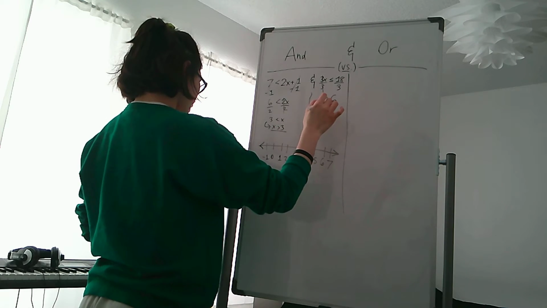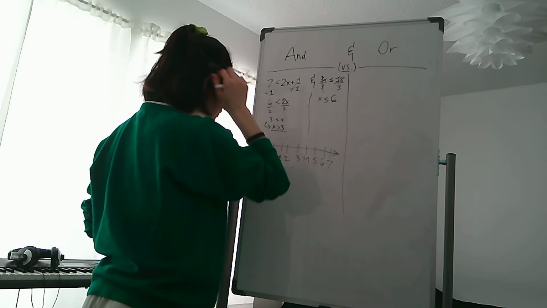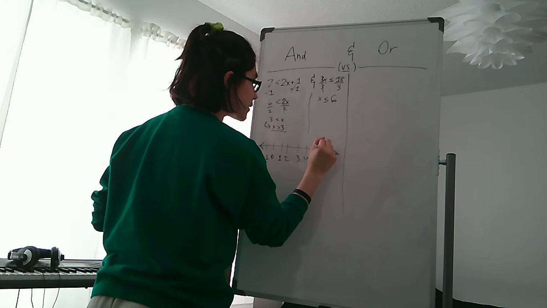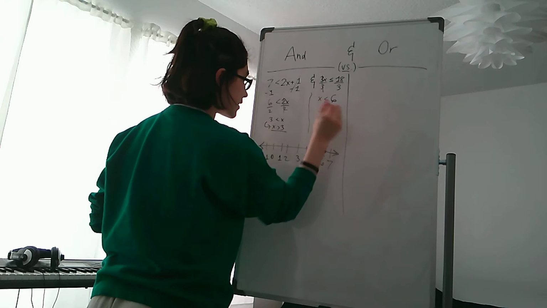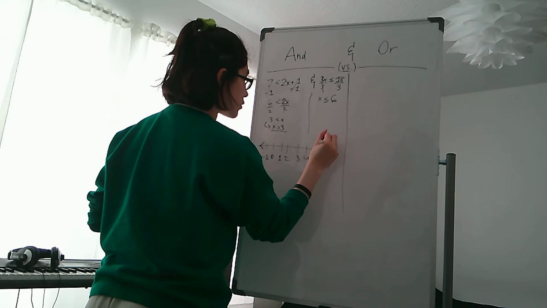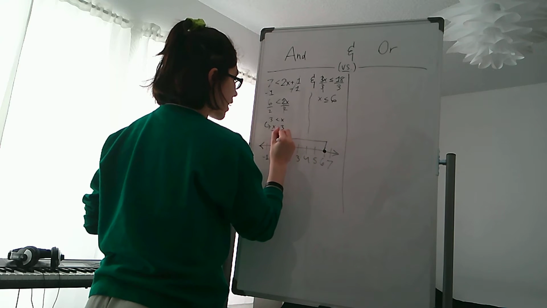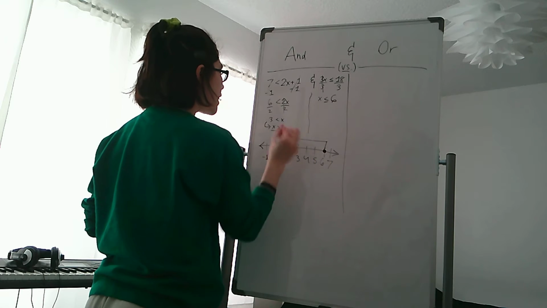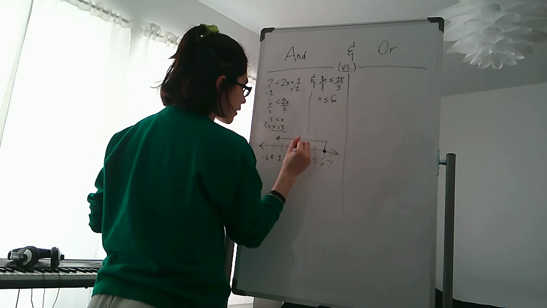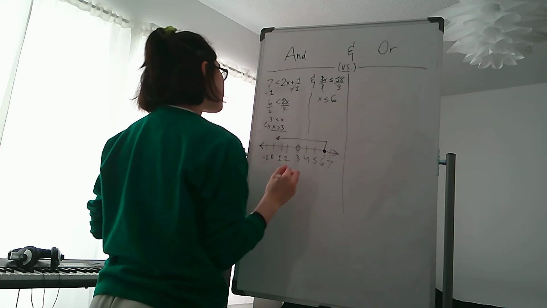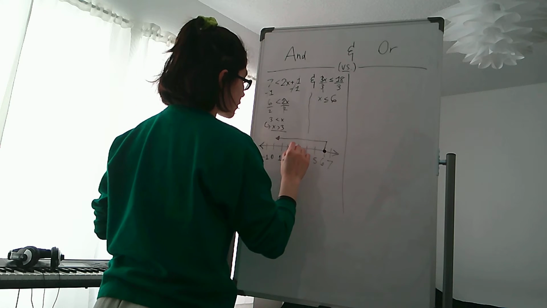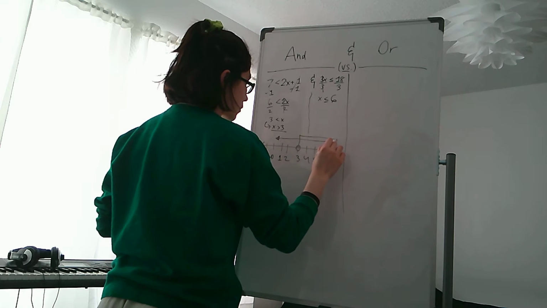Over here, I'm going to have x is less than or equal to 6. So I'm going to have the closed circle because 6 is included in that solution, and it's going to be going this way, right? Because x is either 6 or less than 6. And then you're going to have x is greater than 3. So open circle because 3 is not part of that solution, and it's going to be going this way, okay?